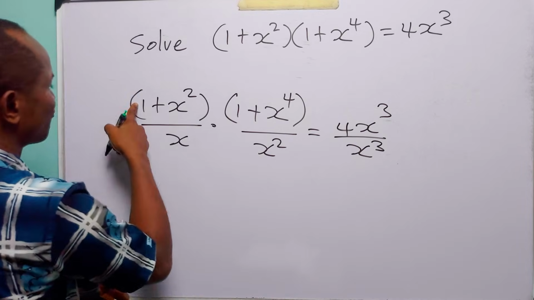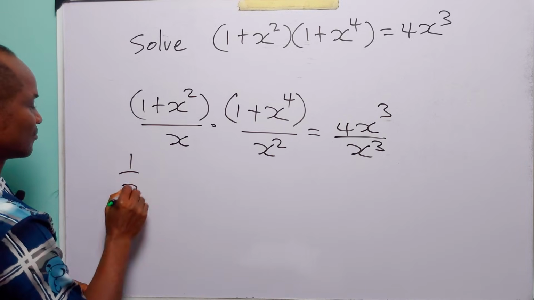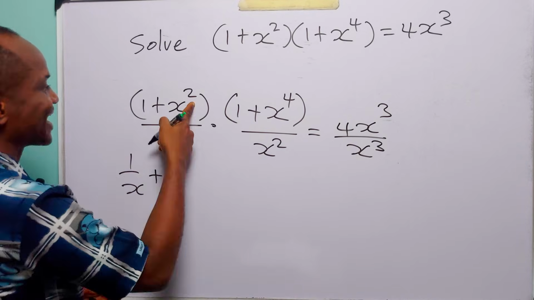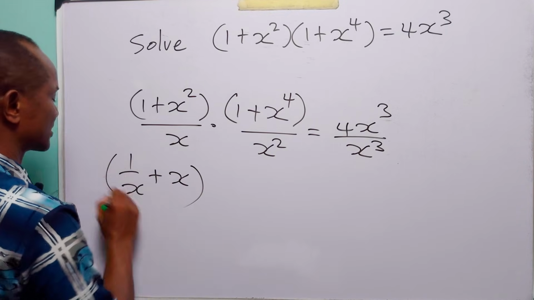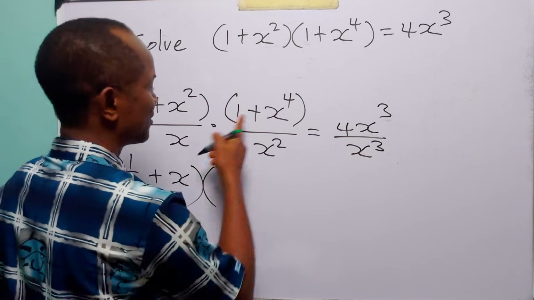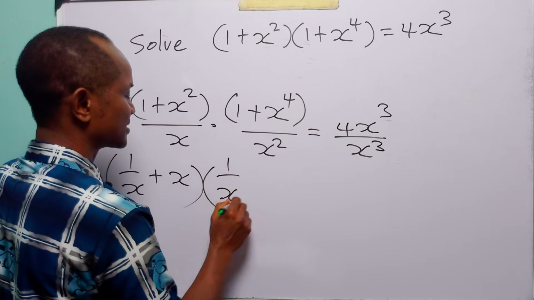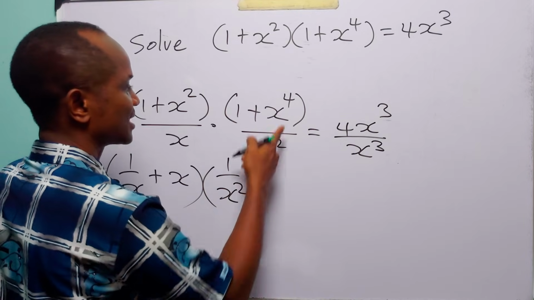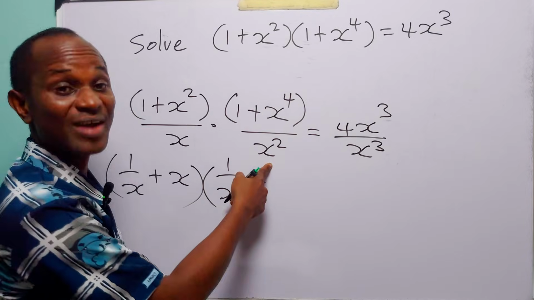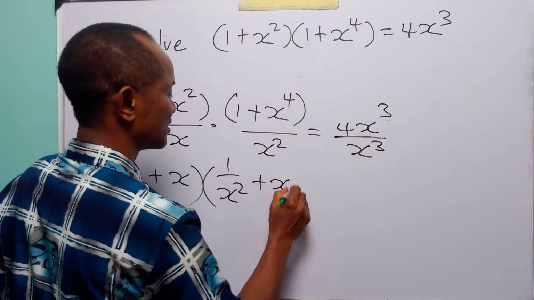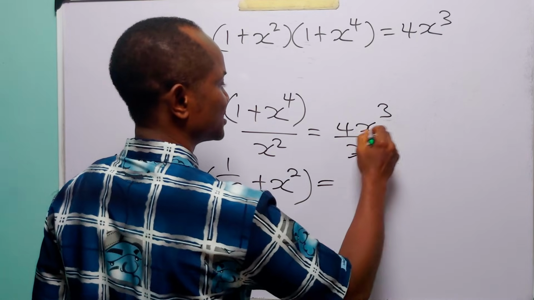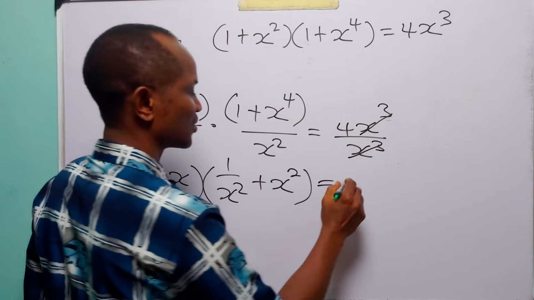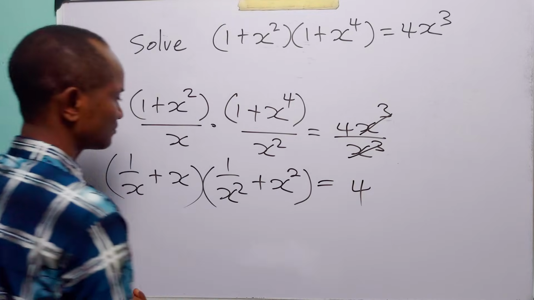Now here, we have 1 over x plus x squared over x, which of course is equal to x, multiplied by 1 over x squared plus x to the power 4 divided by x squared, which is going to give us x squared. And on the right hand side, of course, this is going to cancel that to give us 4.